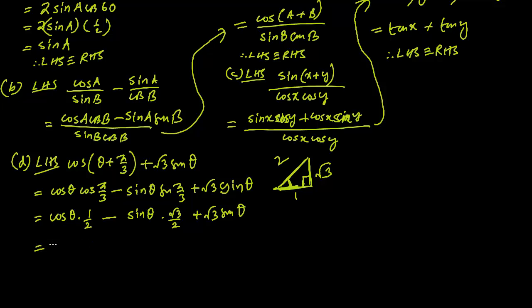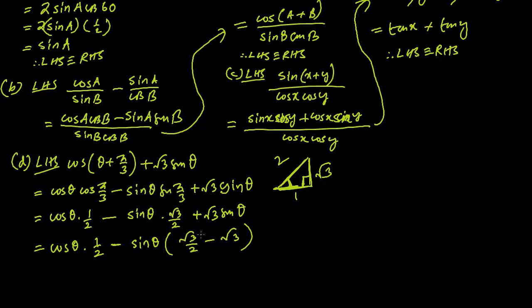Now this one is cos theta times half minus. If you take sine theta common over here, because remember sine theta, they're separate, what we get over here is square root of 3 minus square root of 3.